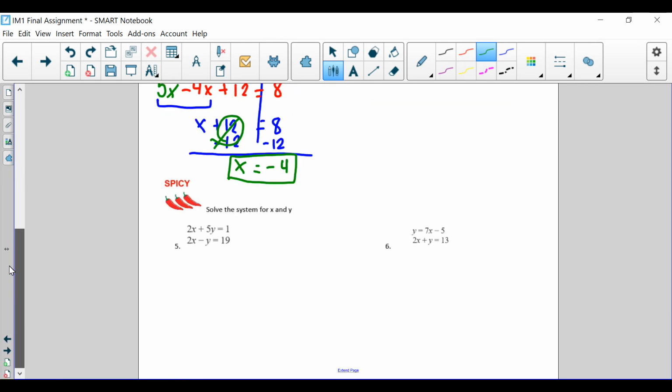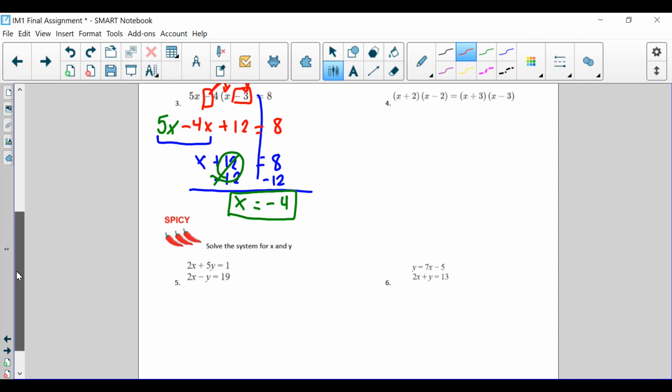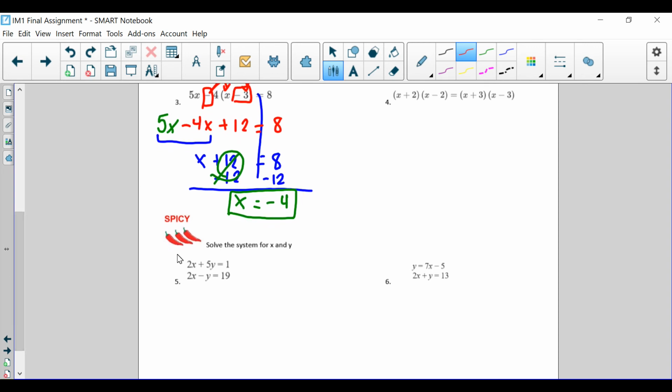All right, let's continue. Here's our last one. It's going to be a system of equations. I kind of made this one a little easier for you guys because we're going to eliminate one of the variables. If you notice with this one that there's x's and there's a 2x, those are the same. So what we could do is make one of them a 0 pair. So what I'm going to do is multiply everything here by negative 1.